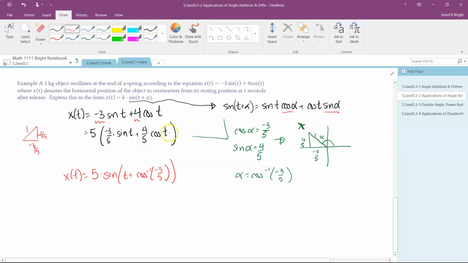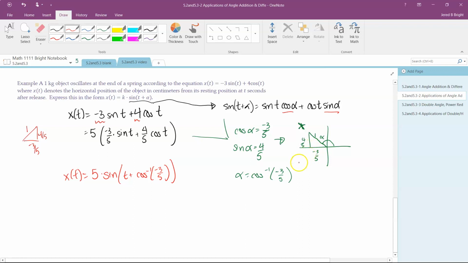Okay, and now comparing this equation to the identity over here, those two together mean that cosine of alpha is minus 3/5 and sine of alpha is 4/5. If you draw a little triangle, that puts alpha in quadrant 2.